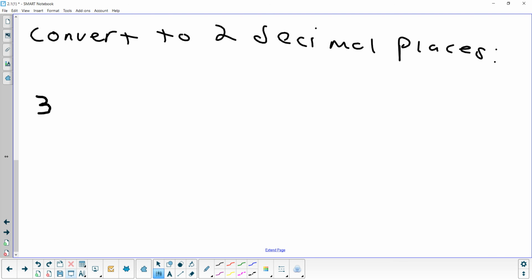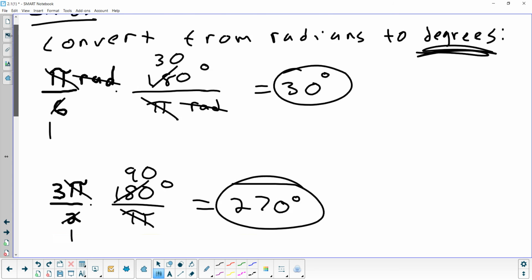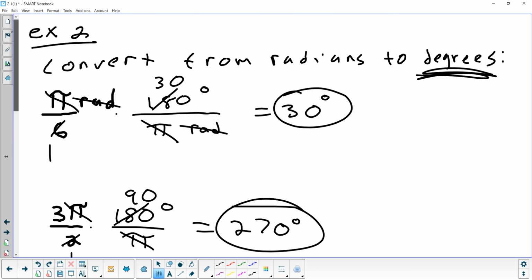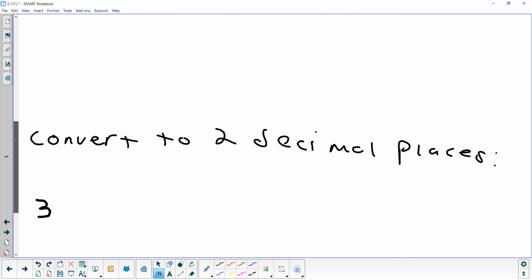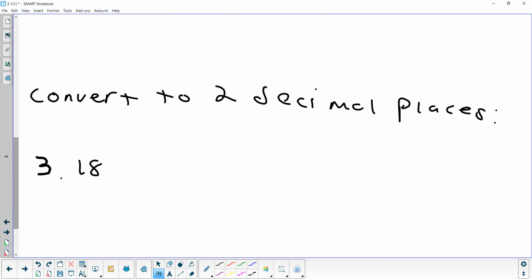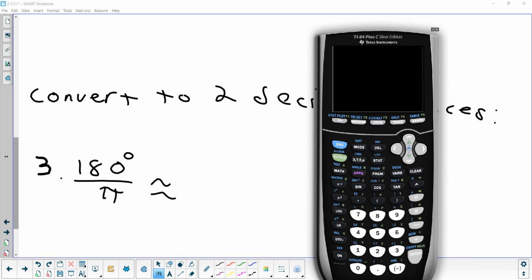All right, so that's how you'd see the problem written. We would just say convert to 2 decimal places, and up there, convert from radians to degrees. So same conversion. Multiply by 180, divide by pi. Let me do it with the pi button first, which is the way I want you to do it, and show you what you get.